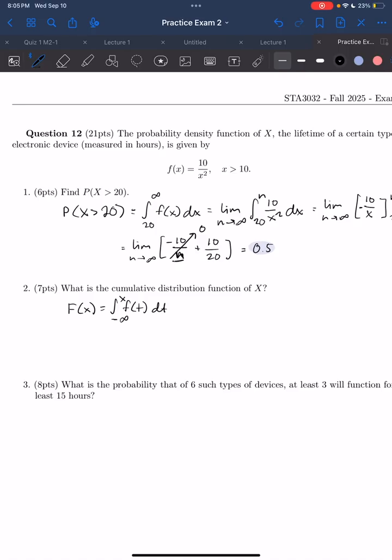So now we can plug in our function. In our case, our lower bound will be 10, since x has to be greater than 10, and then our upper bound will be x. And then we have 10 over t squared dt.